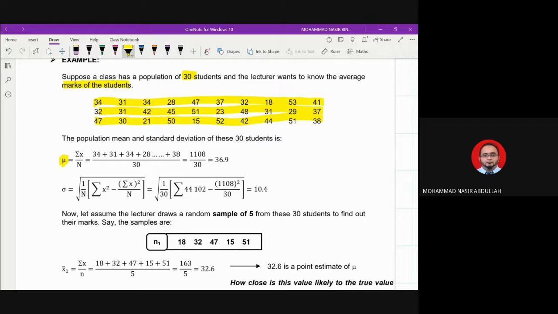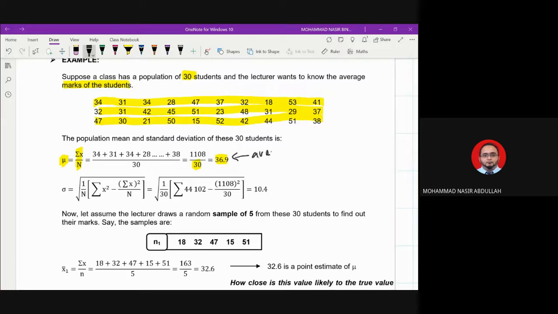So mu will be summation of x divided by capital N, the total number in the population. We add all marks for each student and divide by the number of students, which is 30. So we got 36.9.